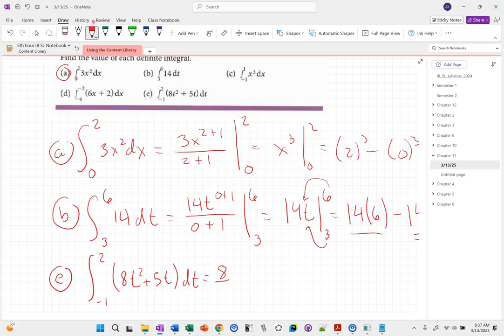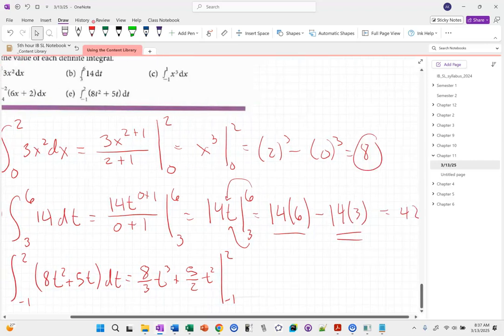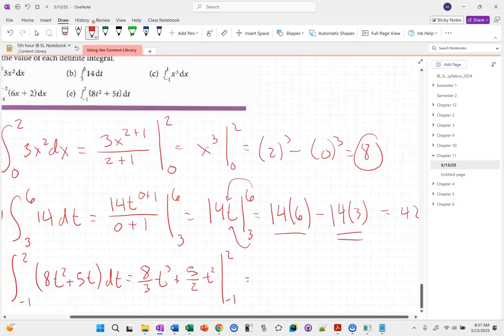That's going to be 8/3 t cubed plus 5 over 2 t squared, evaluated from -1 to 2. I just did the antiderivative quickly in my head. You're okay at this point with me not writing down all the gobbledygook? I think we feel pretty good about doing that, right? Okay, so now we just plug in.